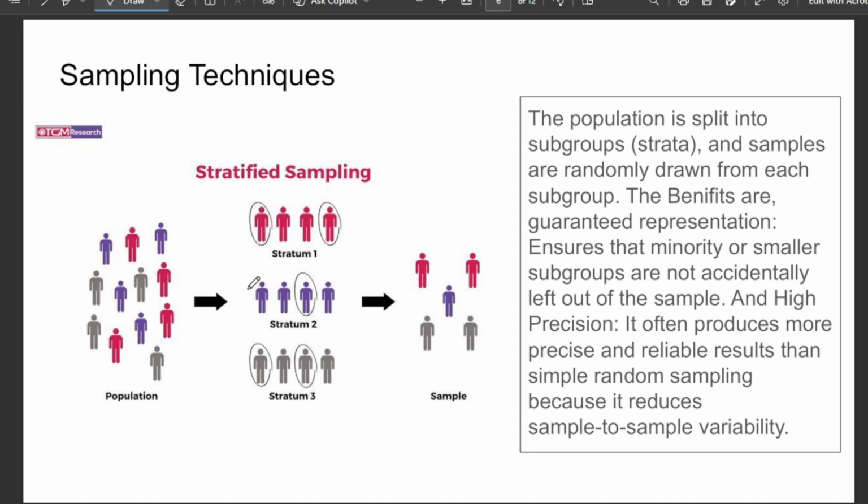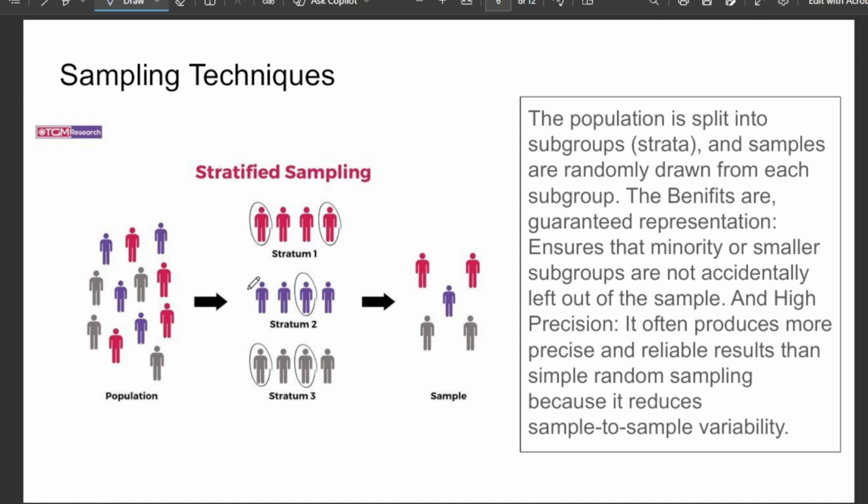Next is stratified sampling. The population is split into groups called strata, and samples are randomly drawn from each subgroup. As you can see in the picture, this is a subgroup, and you choose randomly.